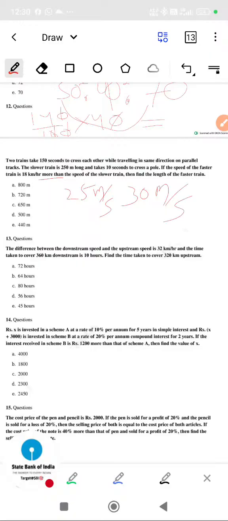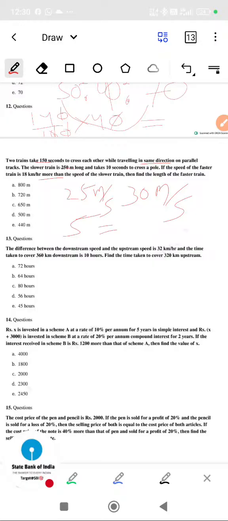Next, we need to find the length of the faster train. Here we already know the length of one train, which is 250, and both are crossing each other in 150 seconds while traveling in the same direction. Same direction means the relative speed will be the difference between these two speeds, which will be 5.